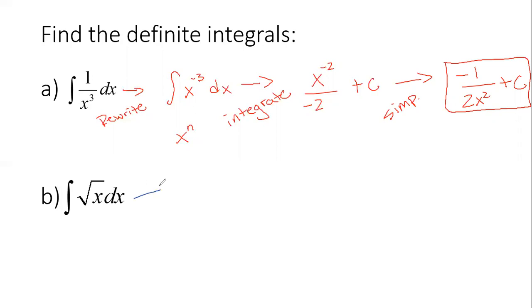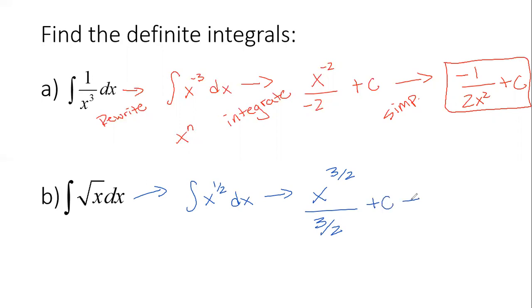First thing we're going to do is rewrite it. So we're going to have the integral of x to the 1/2 dx. We're going to integrate it. Okay, so add 1 to 1/2. We're going to have x to the 3 over 2, and it's going to be over 3 over 2. Now, I know a lot of us are not super comfortable with dividing fractions. Don't forget to add our constant.